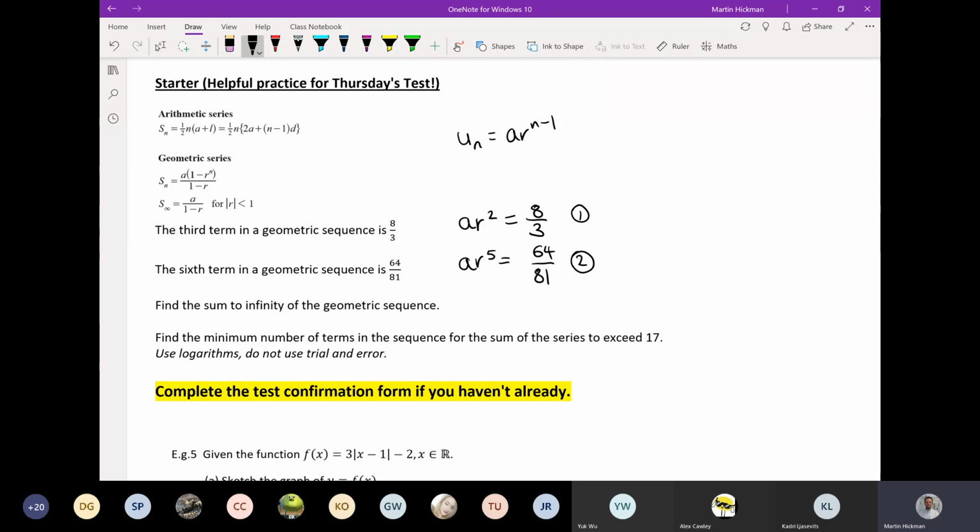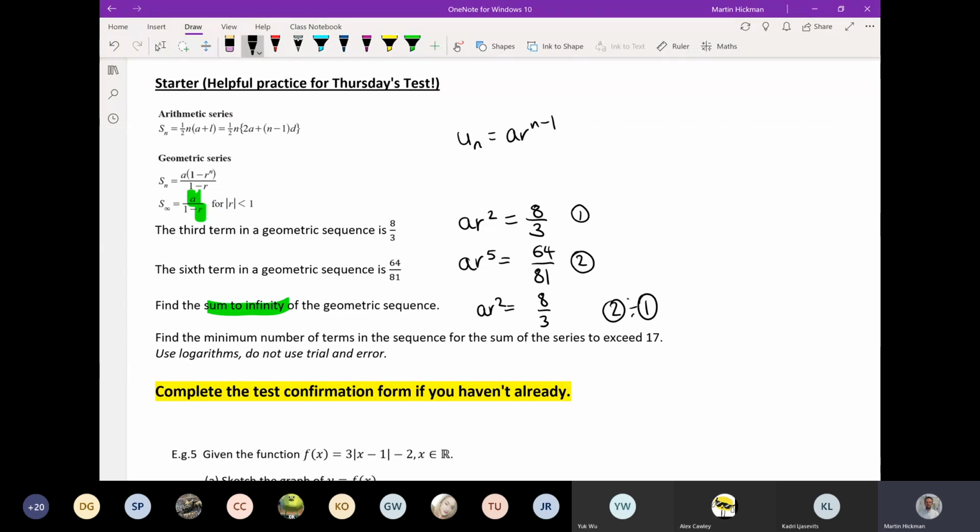If I call this equation 1 and this equation 2, and I do equation 2 divided by equation 1, make sure that you do your division the correct way around. The reason I'm setting it up like this is that to find the sum to infinity, I need to know what a is and what r is.